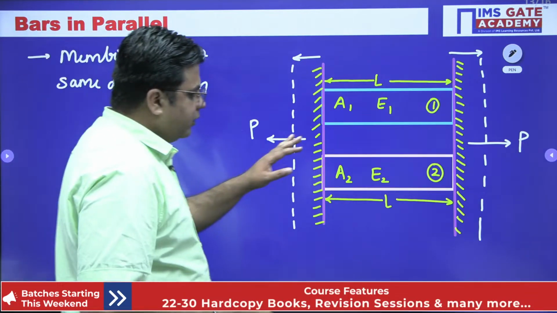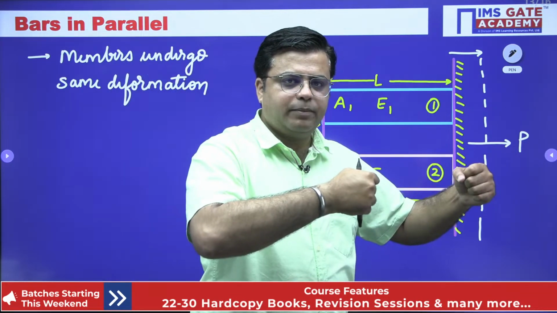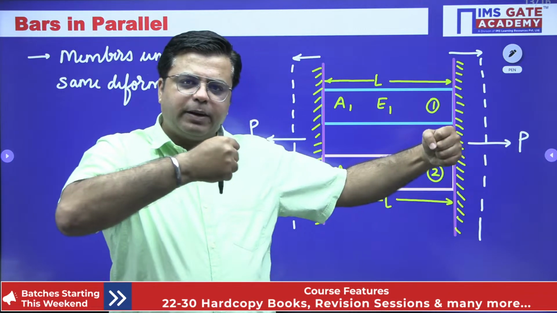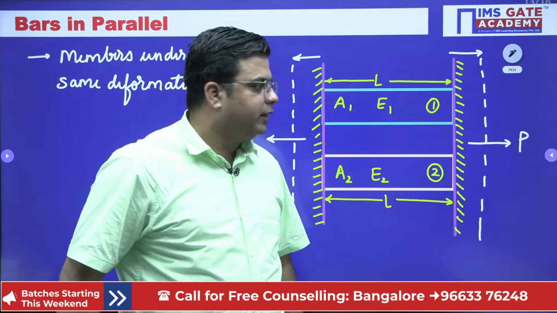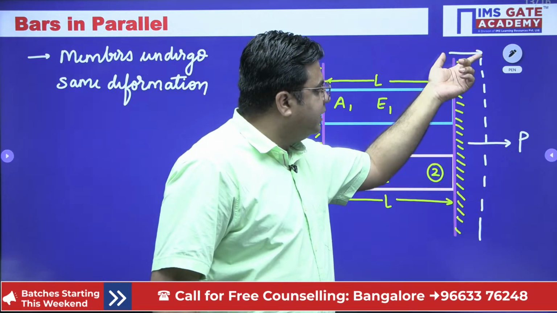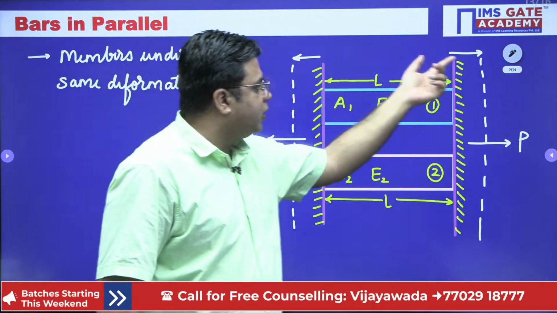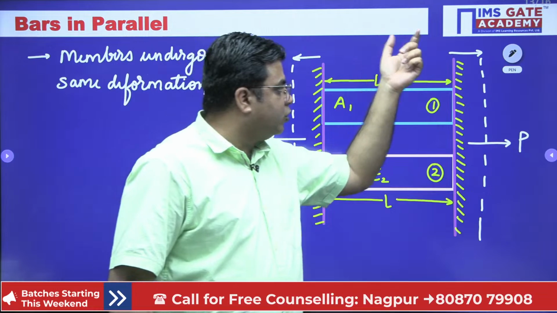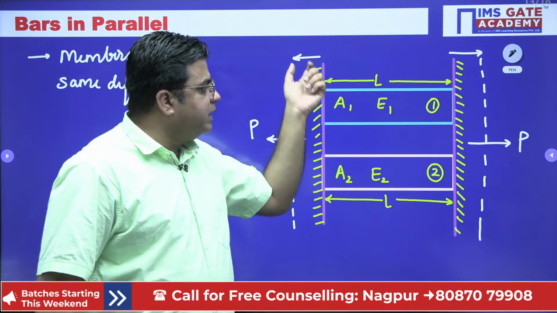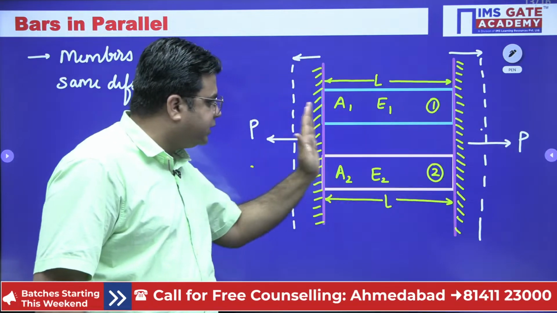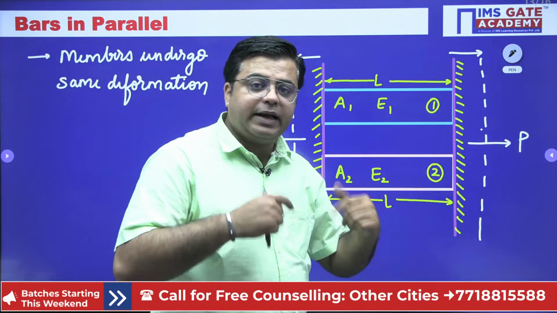For example, we hold this clamp where these two members are connected and pull it by some amount of load P. So these are the new positions of the clamp, and we can clearly say this is the total deformation that happened to these clamps. So both the members undergo the same deformation when they are connected in parallel.